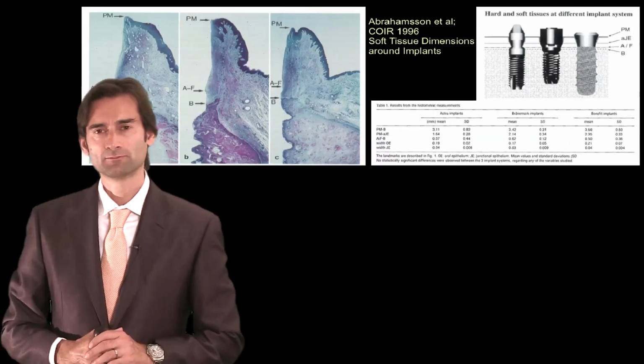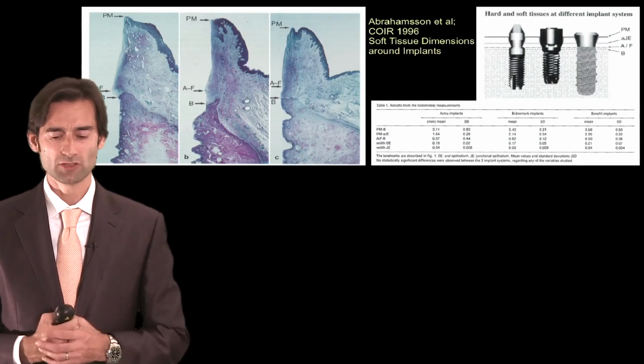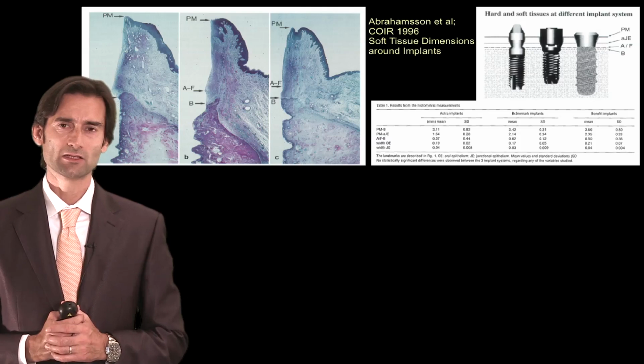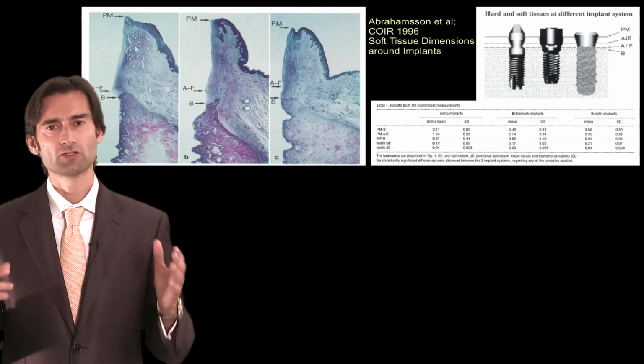Now there's some excellent studies in the literature, and I've picked out one which I particularly think is good for this understanding of soft tissue. And you can see the soft tissue dimension around implants.